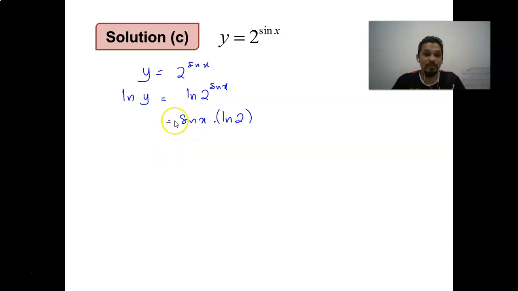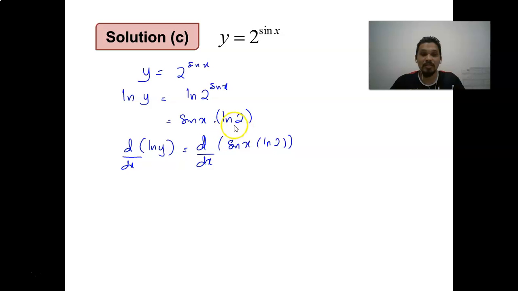Then differentiate both sides with respect to x: the derivative of natural log of y equals the derivative of sine x multiplied by natural log of 2. Natural log of 2 is a constant, there is no x or y here.